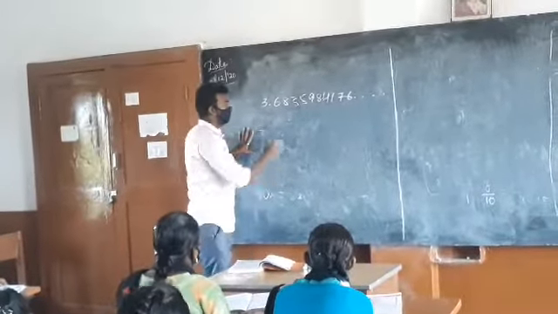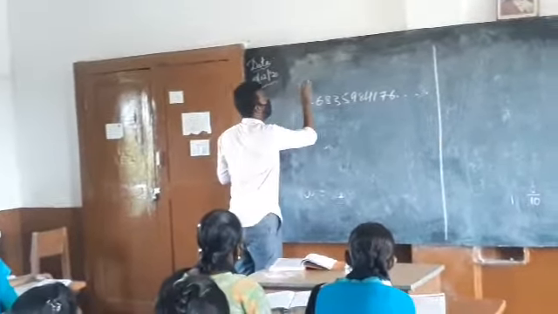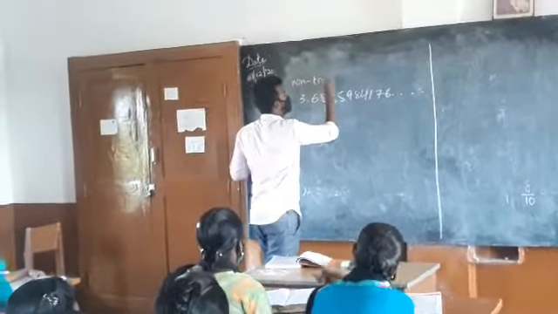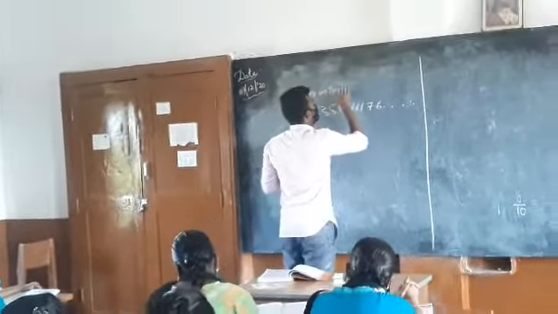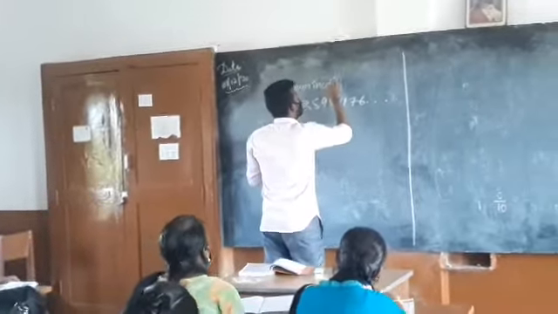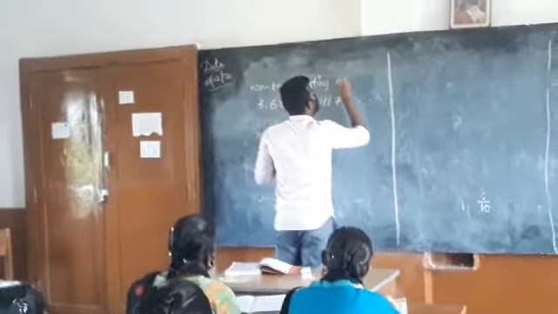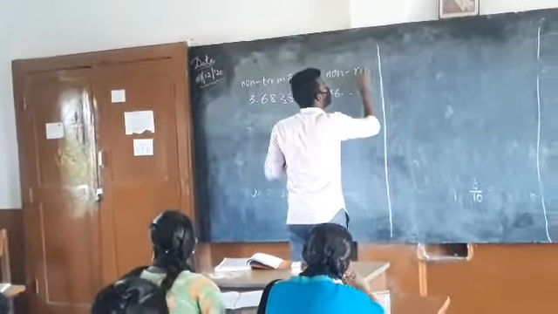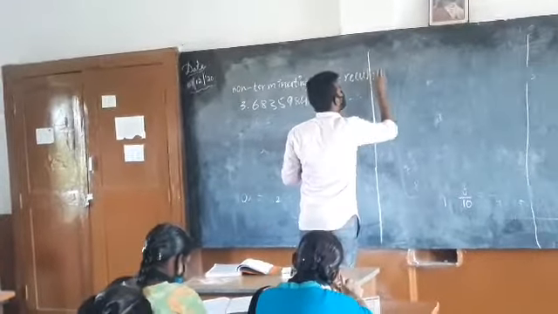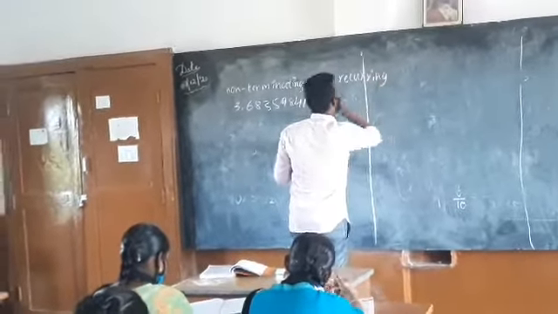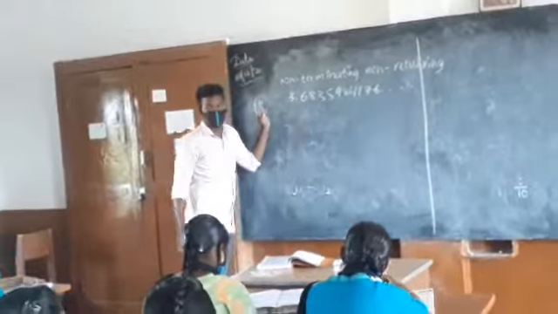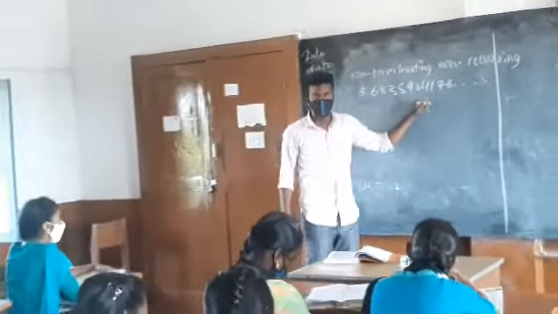Understood? So, it is non-terminating, non-repeating or recurring. Both are same. So, non-terminating, non-recurring type of decimal.